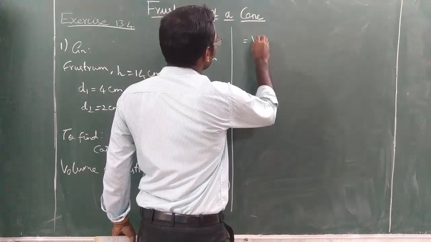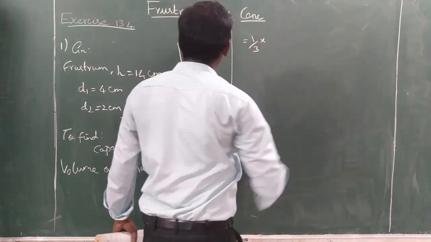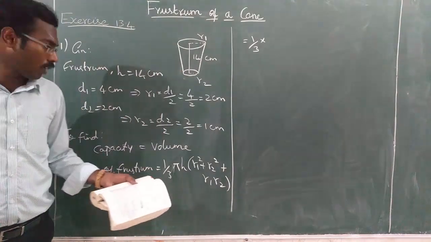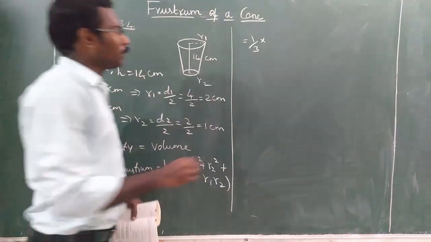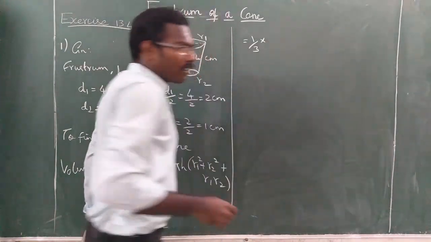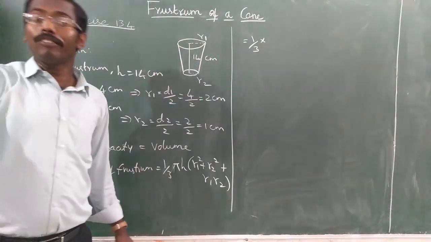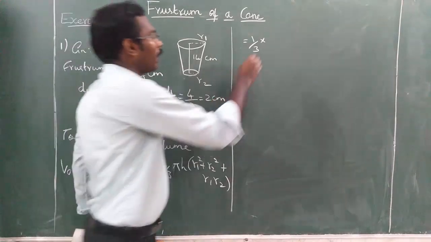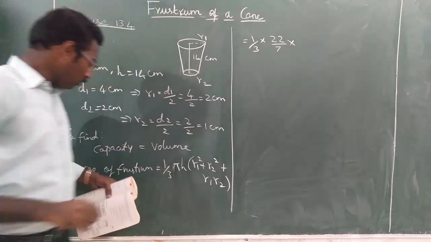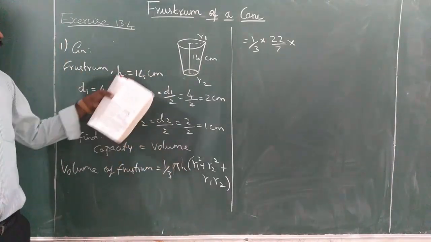Okay. So now let us apply the values. That is equal to 1 by 3 into pi value. We can keep the pi as pi, or apply the pi value. In the question it is given pi is equal to 22 by 7. So pi value we can apply, 22 by 7 into h value. H value is 14.